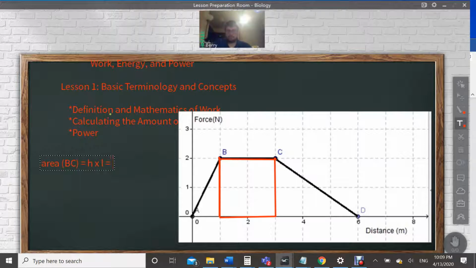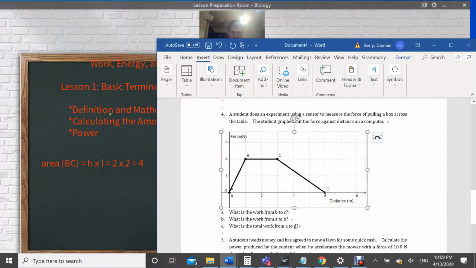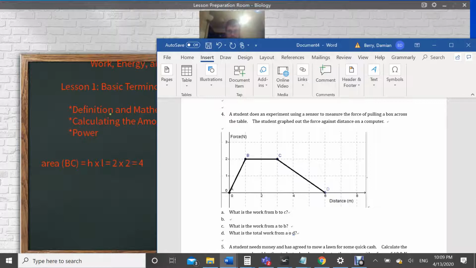In this case, the height is 2, and the length is 2, which will give us 4. Pretty easy. So we'll go back to our problem. So from B to C, it's going to be 4 joules, because that's just the area.